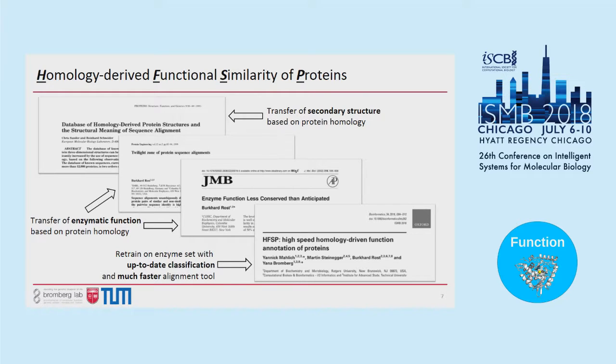Our specific goal was to replace PSI-BLAST, which is the major bottleneck of HFSP, with a much, much faster alignment method called MMseqs2, which was developed by Martin Steinegger. In the process of re-optimizing the curve, we also extracted a new set of enzymes with an up-to-date classification of enzyme function.